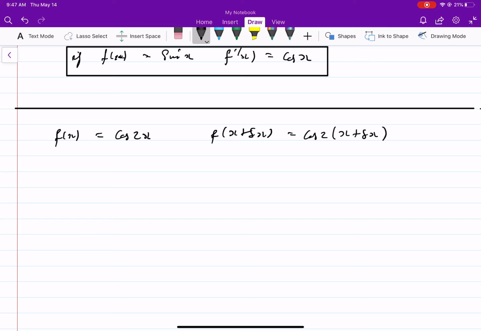There. f prime of x by definition is the limit as delta x approaches 0 of (f of x plus delta x minus f of x) all upon delta x.